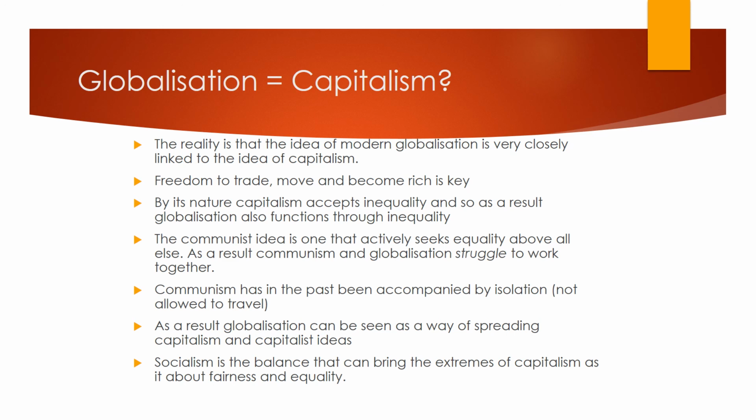But socialism is about looking after those people who are less fortunate. Although you may have wealth and less wealth, you try and balance that a little bit, through support and through taxation or a benefit system. That's the idea of socialism. So perhaps there's a balance in the middle there.